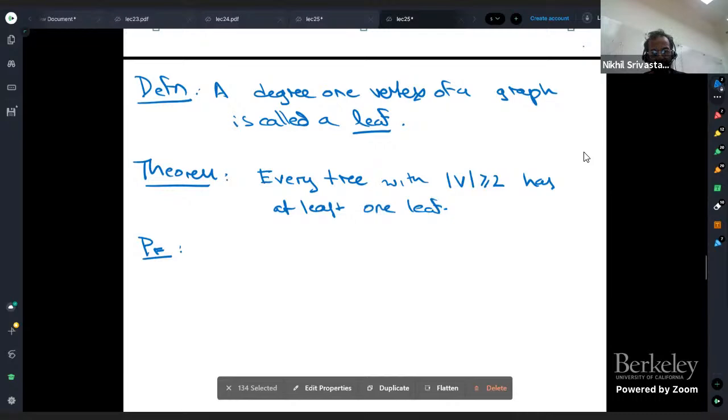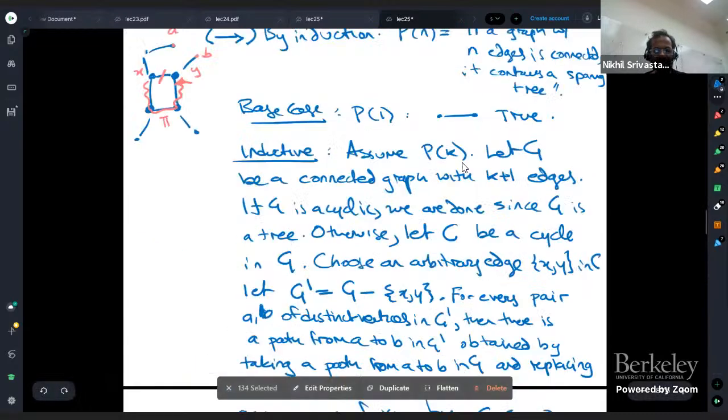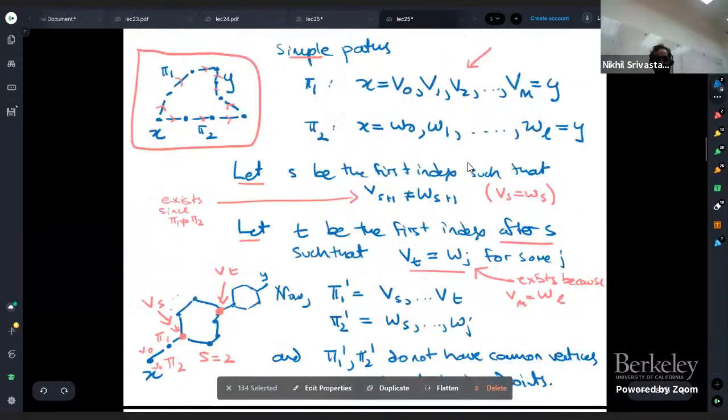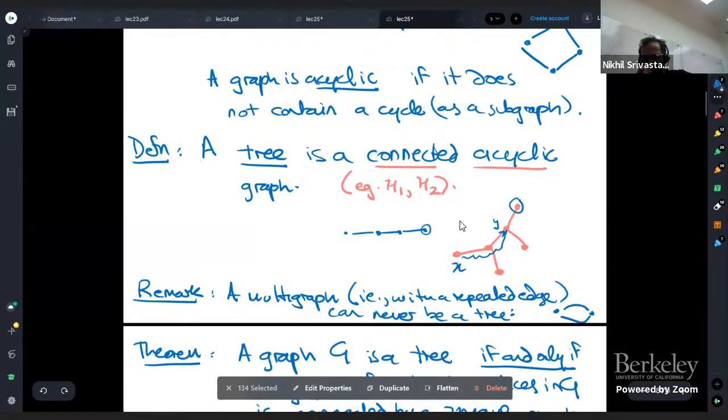So what's the proof? Well, any thoughts looking at these pictures? If I give you a tree, how are you going to find a leaf? Can we do this by induction?